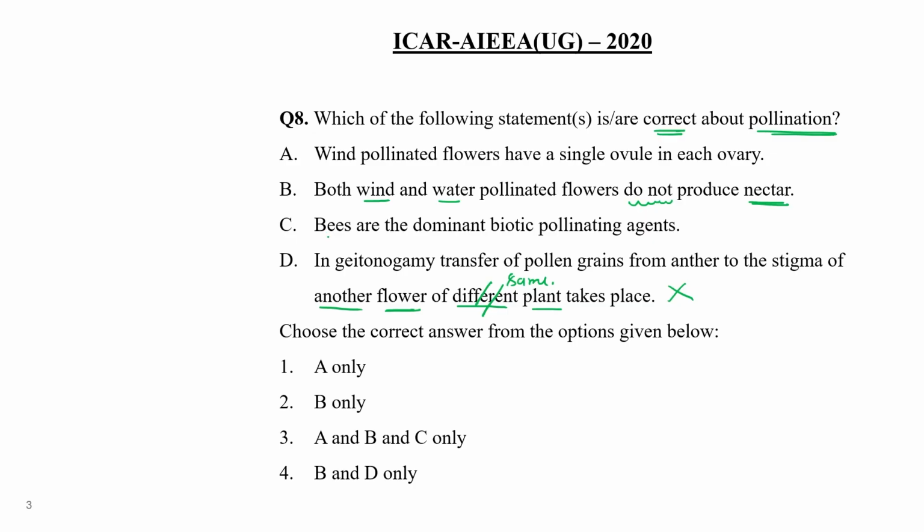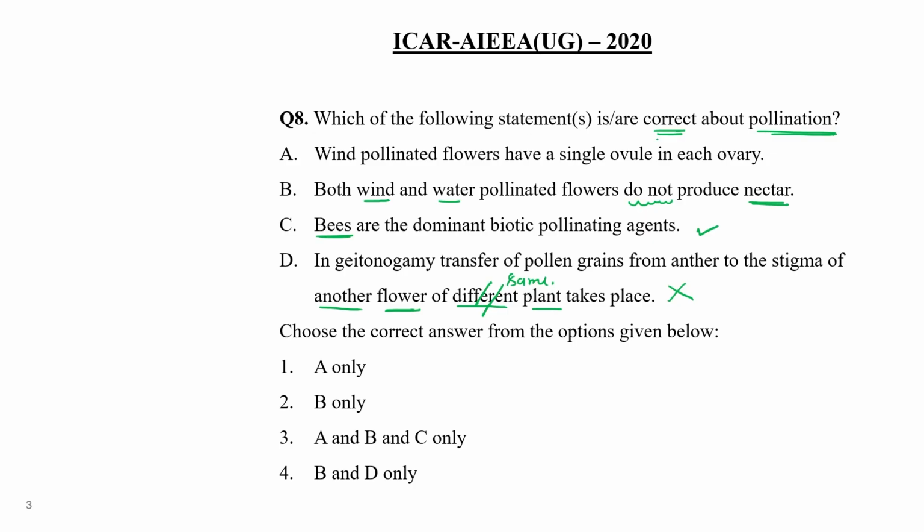Next, bees are the dominant biotic pollinating agent. Yes, bees are the main biotic pollinating agent. This is a true statement. Now, both wind and water pollinated flowers do not produce nectar. They don't need to produce nectar because they don't need to attract any kind of biotic pollinating agent, as wind and water both help them for the movement of their pollen grains.